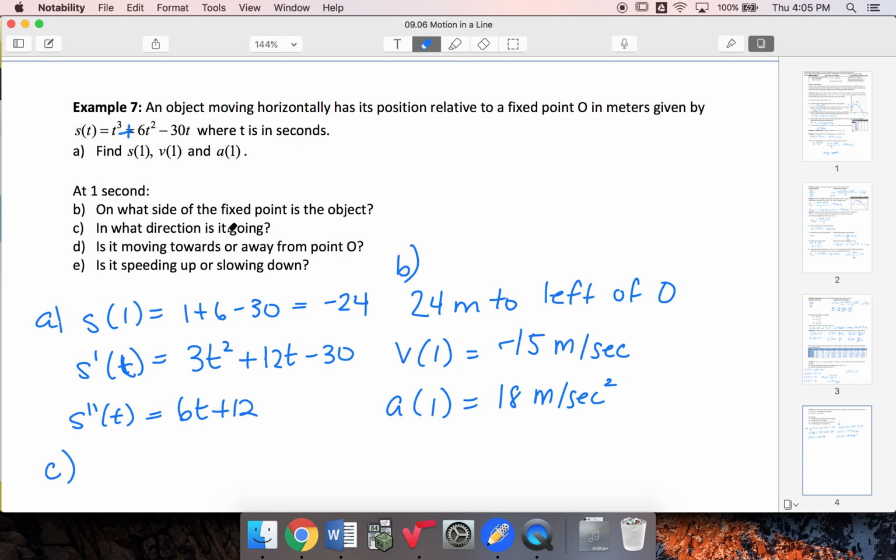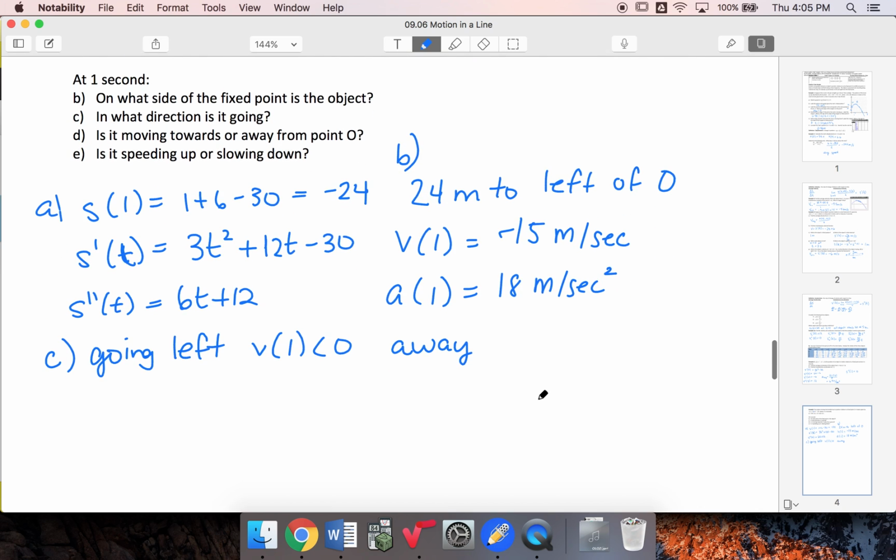Our answer to C, in which direction are we going? We're going to the left. We know that because our velocity at 1 second was negative. It's moving away from point O, so we're continuing to the left. So we're getting further away from it, and speeding up, because our acceleration is positive, so we're getting faster.